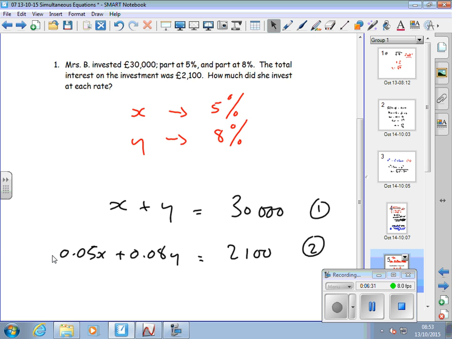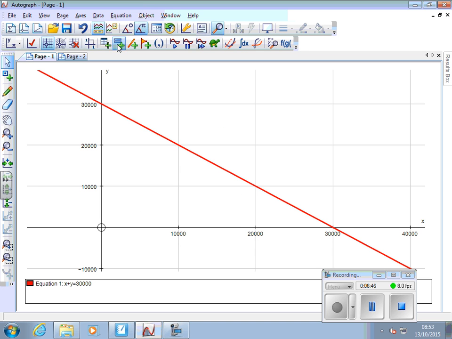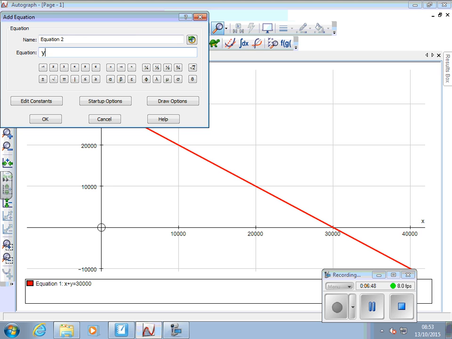So what we can do now is plot that line. So if I go back to Autograph and plot another equation on top: 0.05x plus 0.08y equals 2,100. Okay.